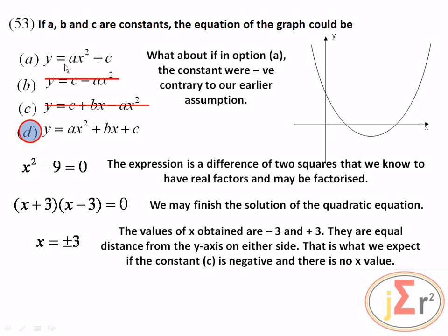Therefore, we are sure that for A, this option is impossible to be correct, because if C is positive, the curve will not cross the x-axis. And if it is negative, it will cross the x-axis on either side of the y-axis and at equal distance from the y-axis.